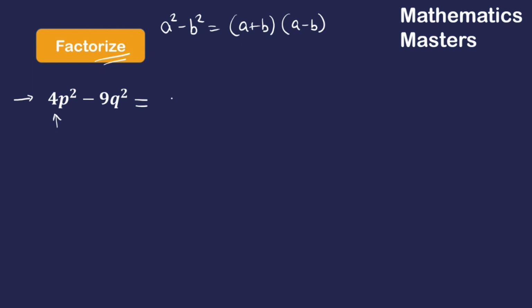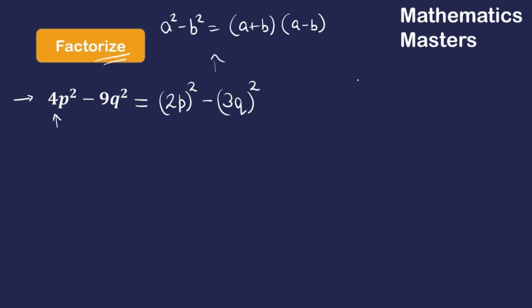So, 4p square, I can write as 2p whole square minus, and 9q square I can write as 3q the whole square, because the square of 2p is 4 times p square and square of 3q is square of 3 times square of q.